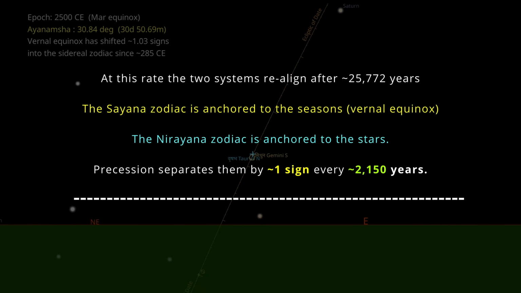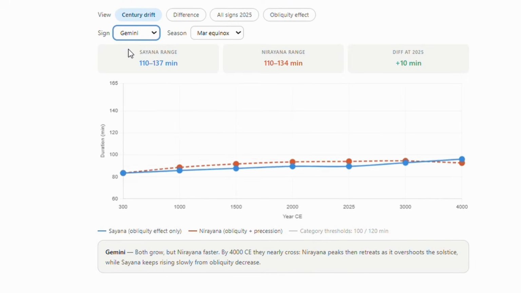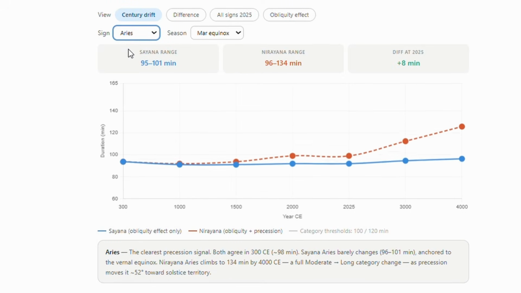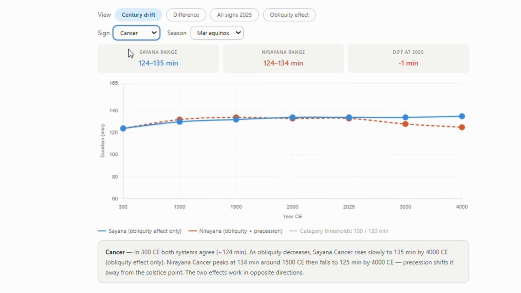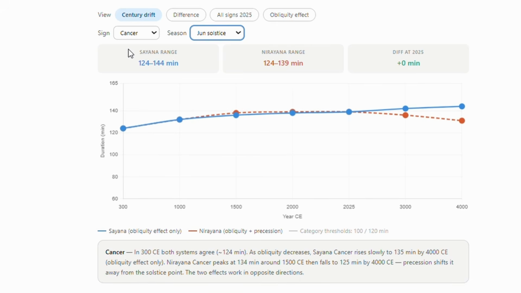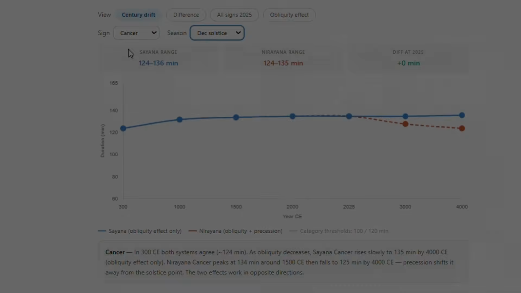This phenomena has direct consequence for ascension. The long ascension signs of today were not long ascension signs of 2000 years ago. And in another 13,000 years, that is halfway through the precession cycle, long and short ascension signs will have completely swapped.